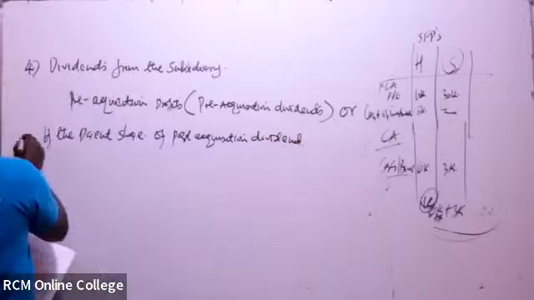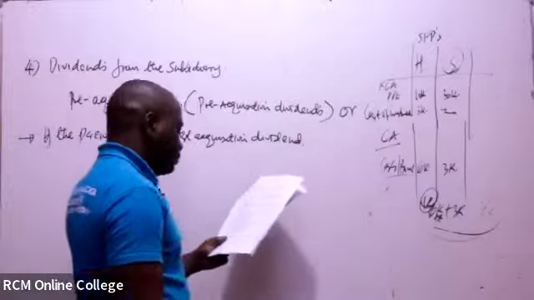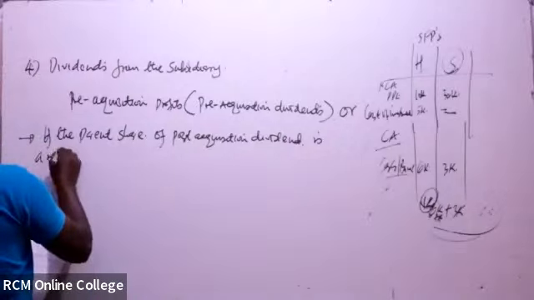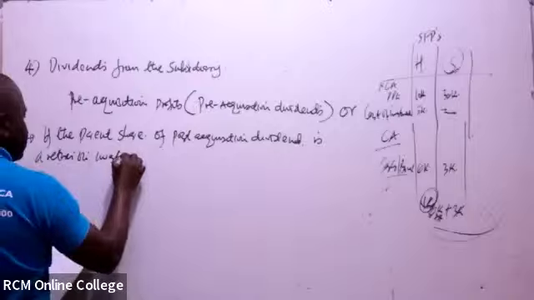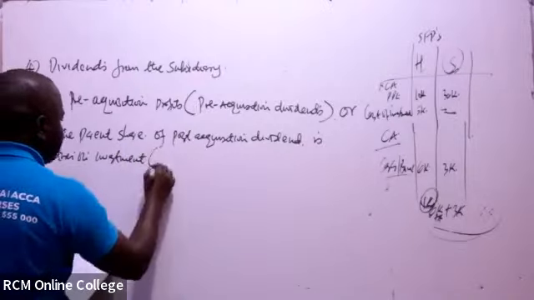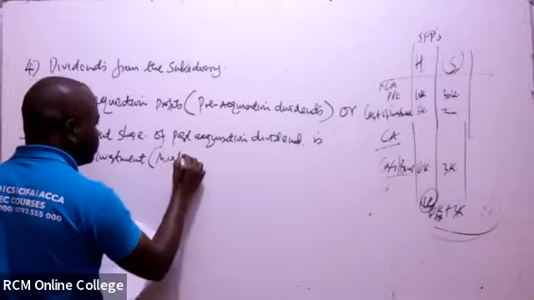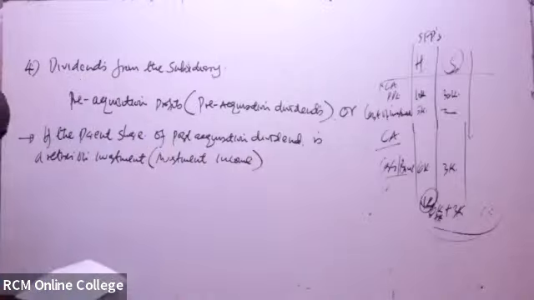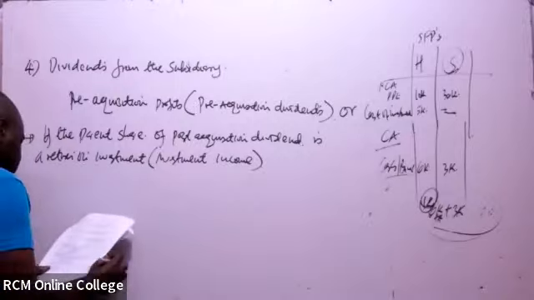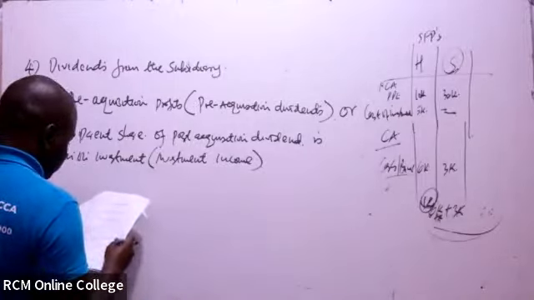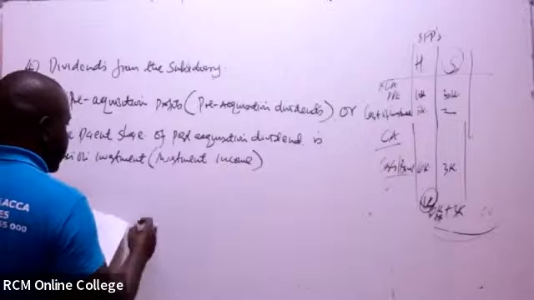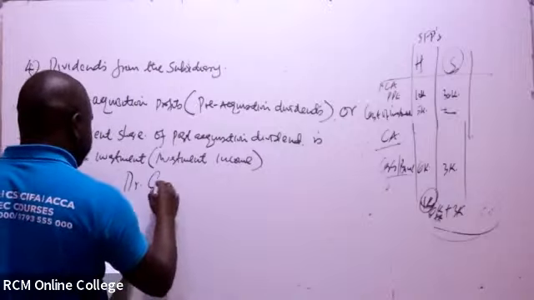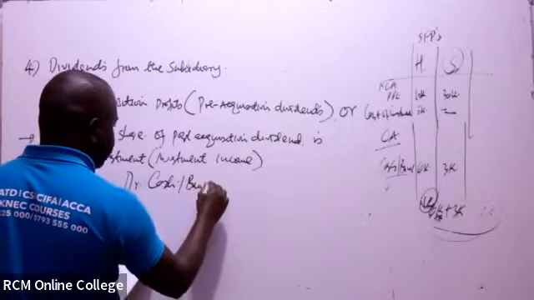This is now another point. If the parent share of post-acquisition dividend is a return on investment, or you can put in brackets, is an investment income, you likely end up having to debit the cash, or the bank, just the same entry, cash or bank.